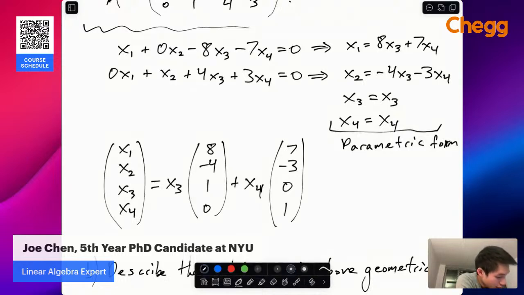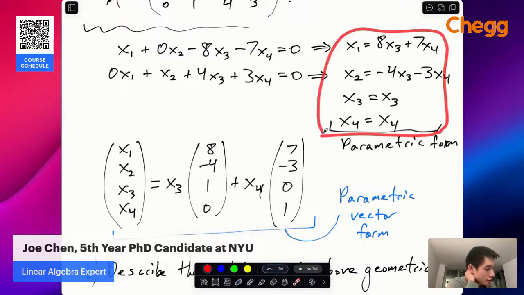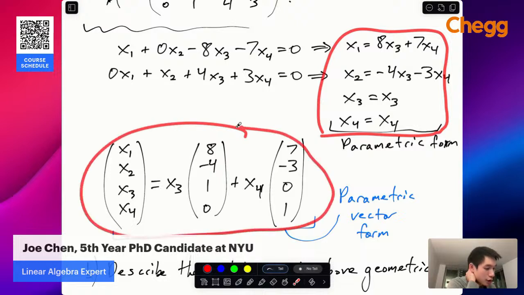So I usually call this form of the solution parametric vector form. Depending on the question, either of these solutions, either writing it like this or like this, would work as an answer to a test.